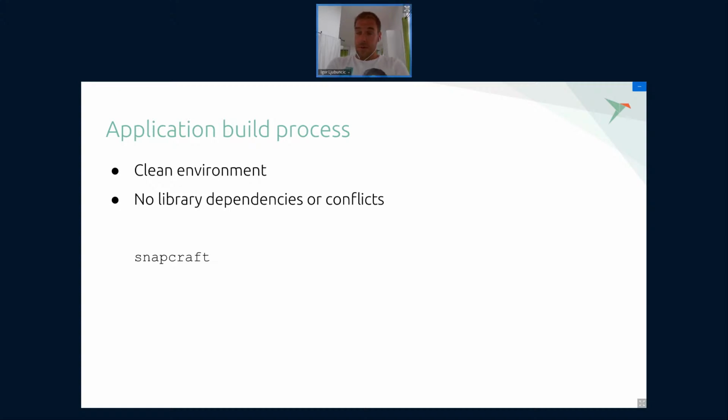The idea of Snapcraft is also to help you isolate your work from the underlying system. So when you run Snapcraft, it will not run on your host. It will spawn a virtualized or containerized build environment. It has two backends. It has Multipass, which creates virtual machines, and it has LXD, which creates lightweight containers. So you can run Snapcraft with either of these two.